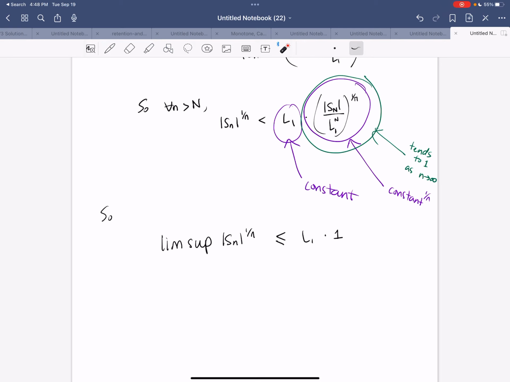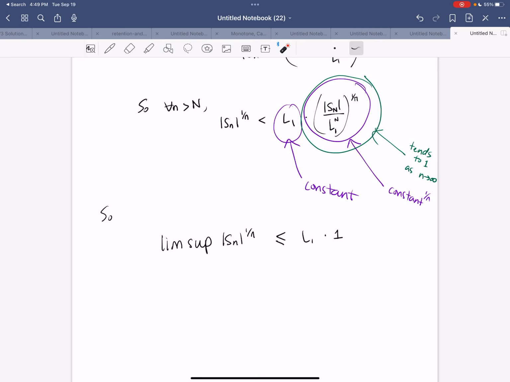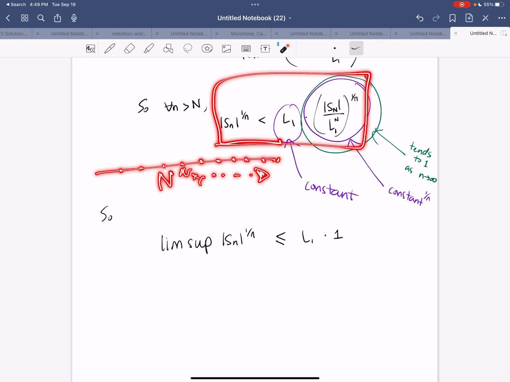And so how do I jump from each term is less than this to the limsup is less than this? Well, you have some index N, and all of the terms after that, so N plus 1, all those terms after that satisfy this inequality.